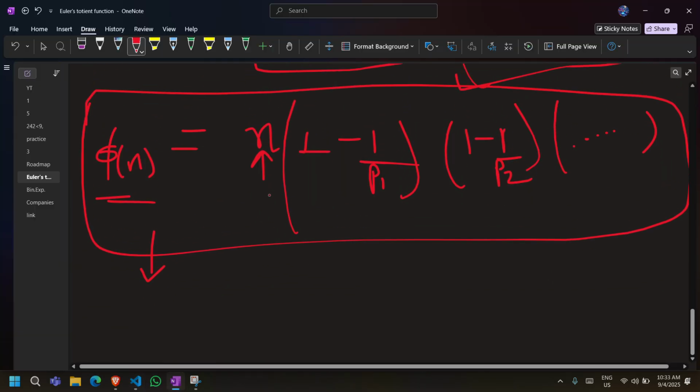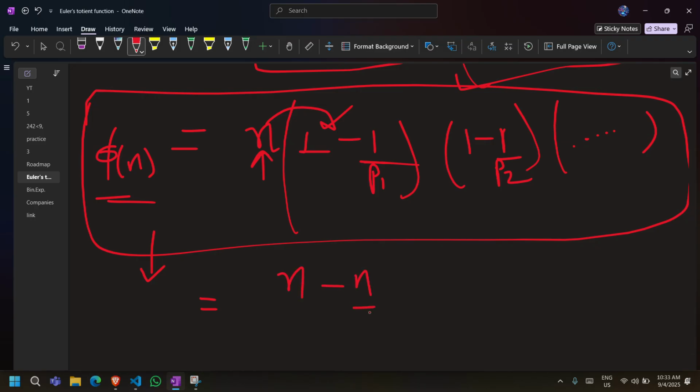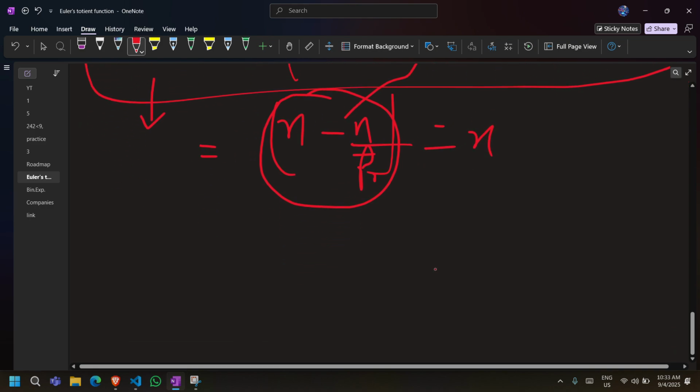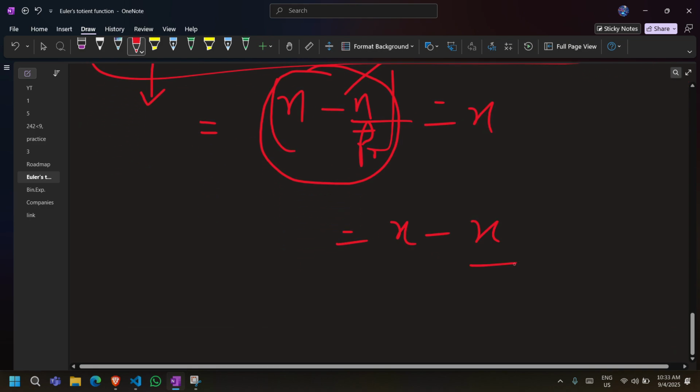Now why am I doing this? You can take n inside, so n minus n upon p1. Result is initially n and you are subtracting n upon p1. Let's represent it with x. So you will get x minus x by p1.